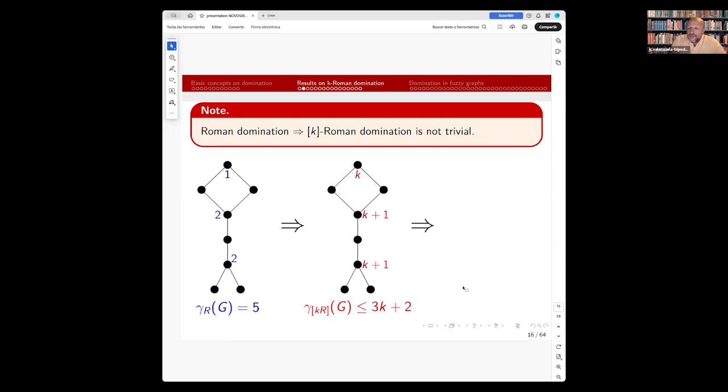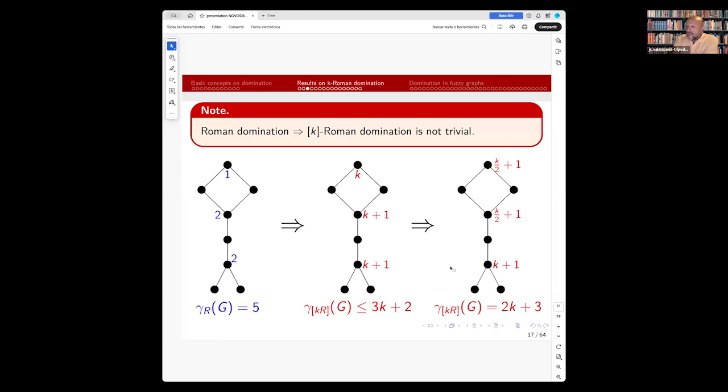But the fact is that this is not an optimal strategy to obtain the minimum, because, for example, in this case, this automatic translation is also a k-Roman dominating function, but it's not an optimum.